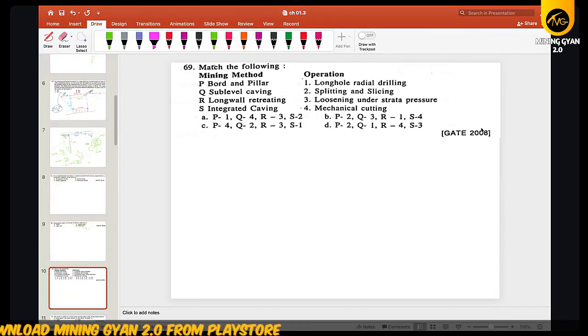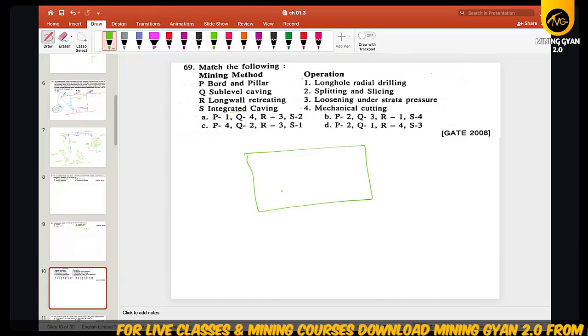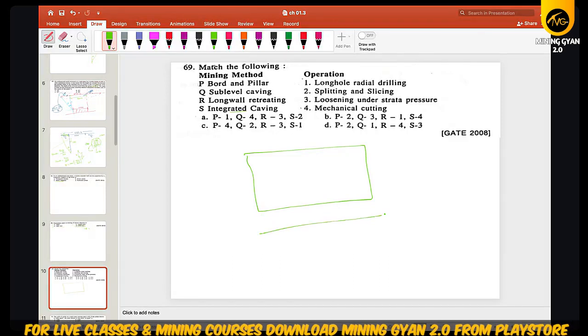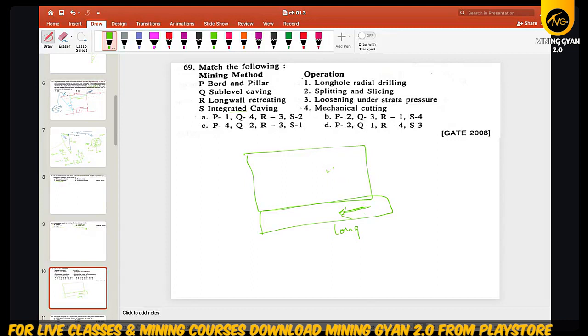OK, mining method and operation. Board and pillar, sub-level caving, long wall retreating, and integrated caving. So whatever you know, first try it. In the integrated caving, I told you this is your seam. We divide it in two slices. We use the long wall retreating method in the bottom slice and allow it to fall down.